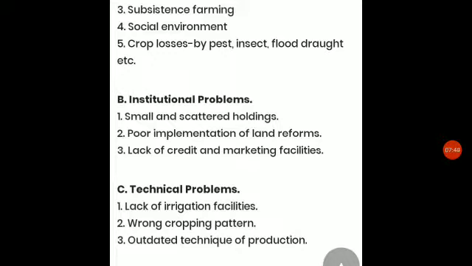No scientific cropping methods like crop rotation and multiple cropping were being practiced. Outdated techniques of production. Production was basically done with manual procedures, with simple tools and equipment, and modernization in the field of agriculture was missing.